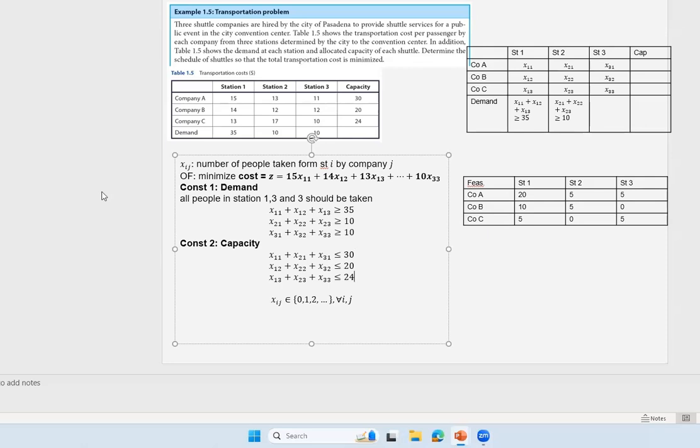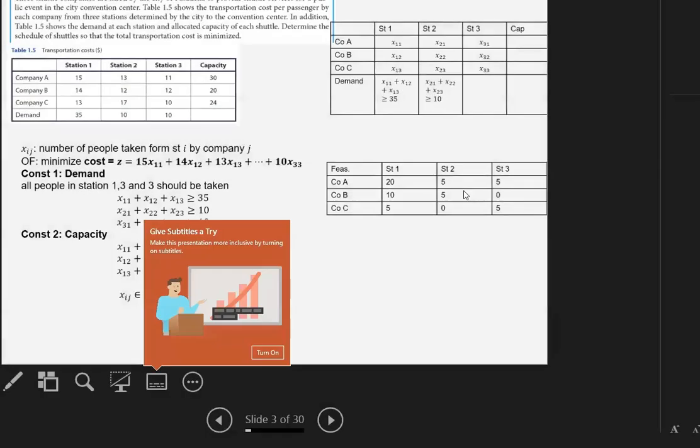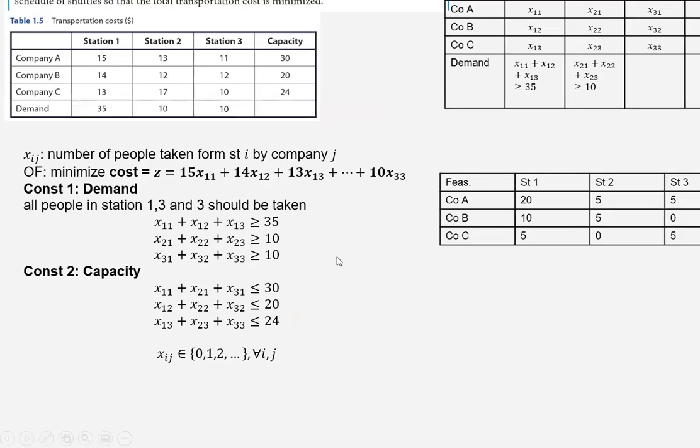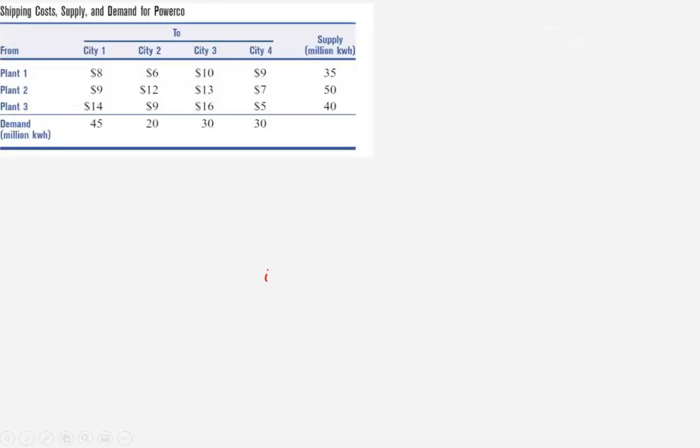All right, so that was the problem. And then we have a lot of problems that are similar to that. For example, let's look at one. Power Co. There is a power company that has 3 power plants, plant 1, plant 2, plant 3.